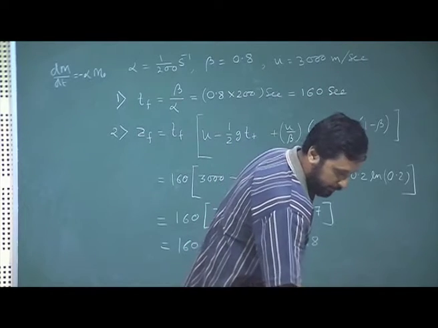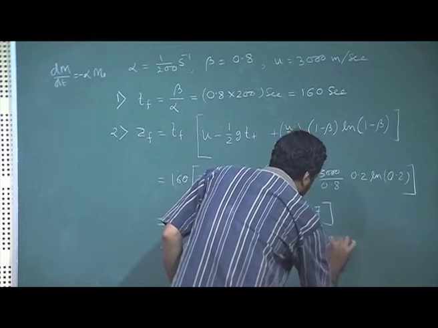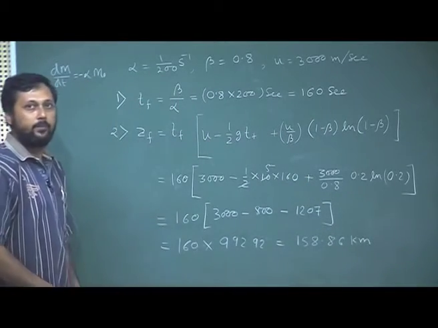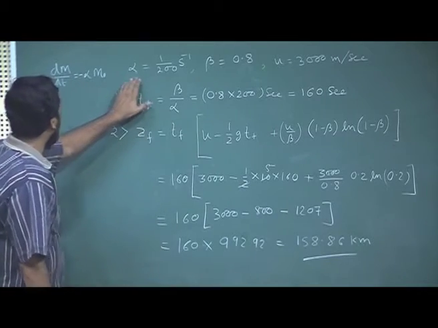This is in meters, so we can divide it by 1000 to get 158.86 kilometers. Okay. So, we see that the rocket which we are discussing here with this following parameter.